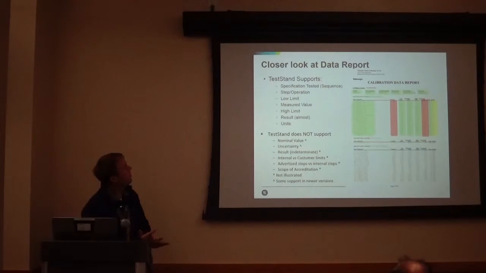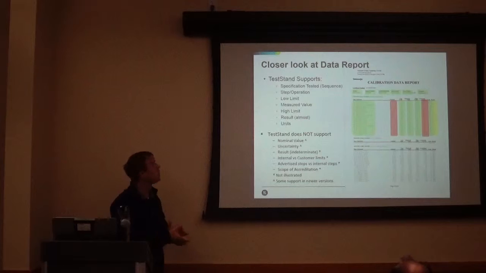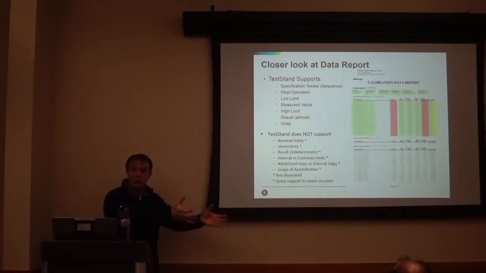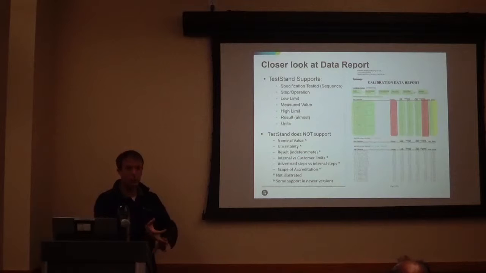Looking further on, that's the first page, then you get down to the second and third page of documents and you actually start looking at the actual data results that are gathered. And TestStand has a good idea of, okay, I measured something, I have a test name, step name, and I have some limits, and I have a measured value and a set of units, and whether it passed or failed.